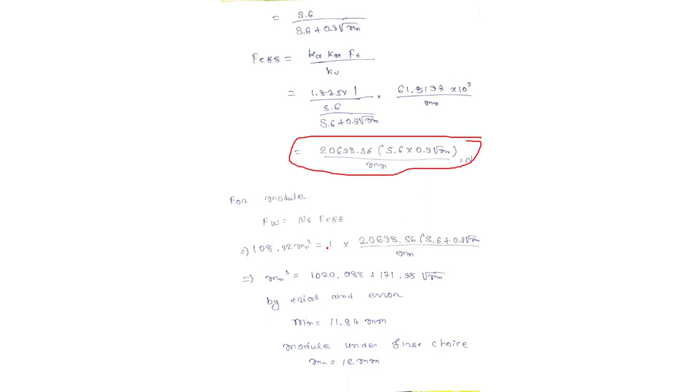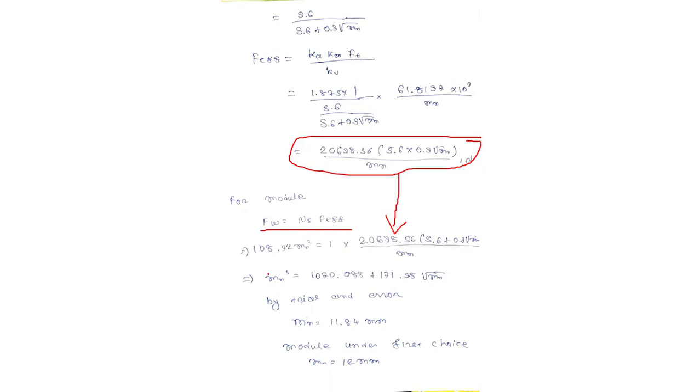Now for finding the module, we will use the equation Fw is equal to Nf into F effective. This equation was already derived in the spur gear numerical. We know Fw is equal to 108.32 mn square. Factor of safety is not given, so we use factor of safety 1. F effective we already derived.